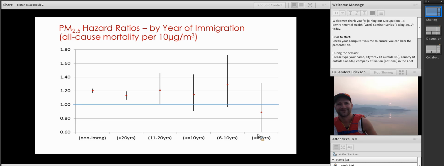But unfortunately, we're not able to do any specific source apportionment with this model or this data. If we're looking at the constituents of the PM, it's not going to be the same across geographic areas.